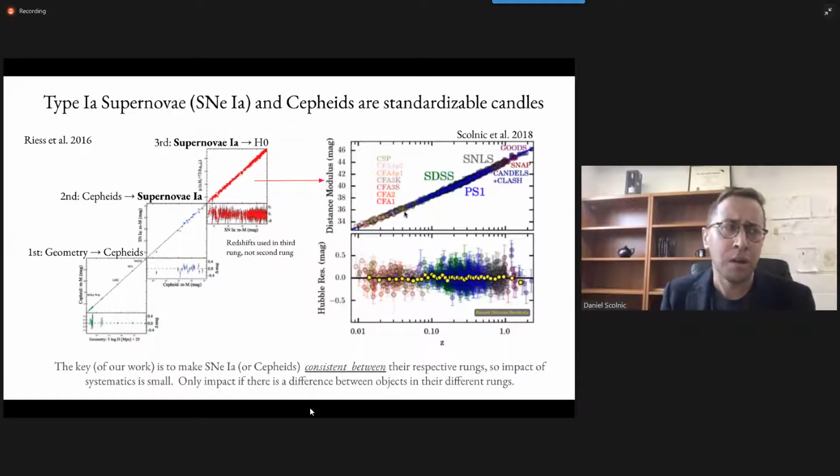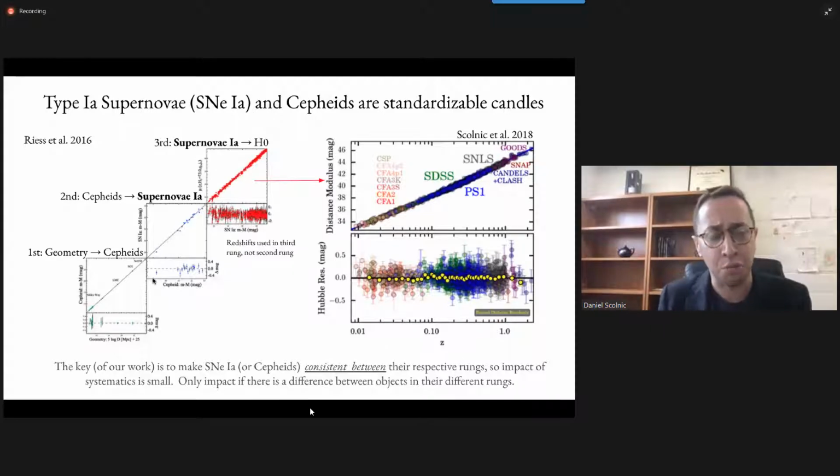Okay, so to expand on what Licia talked about, type 1a supernovae and Cepheids are standardizable candles. Here I'm showing two different ways of doing cosmological measurements. On the left is the distance ladder from the SH0ES team.